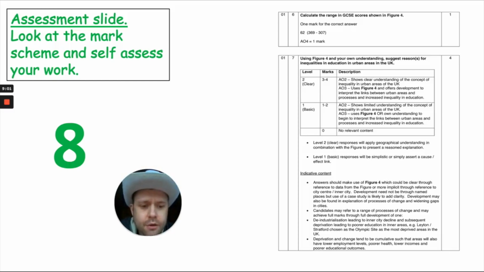And you could also compare that to Sutton Four Oaks, where because people are wealthier, if there are any gaps in education, the parents can pay for private tuition. People are more likely to go to university and get high level qualifications, and so on. So use the figure and use your own knowledge. That's what it asks you to do.